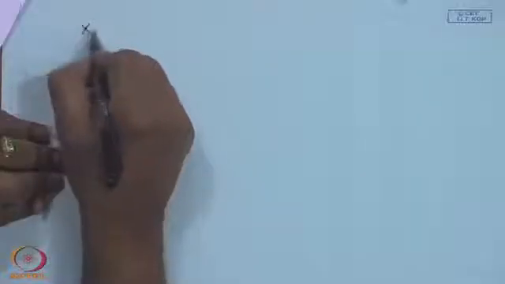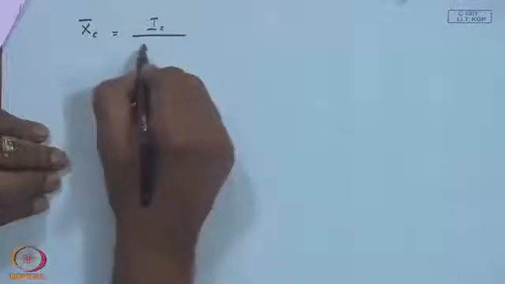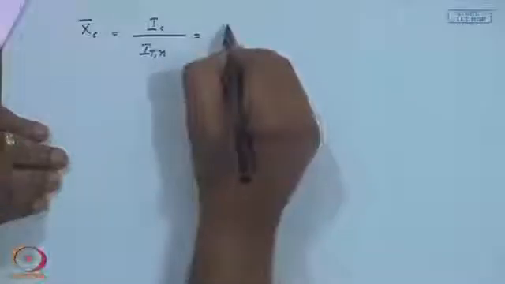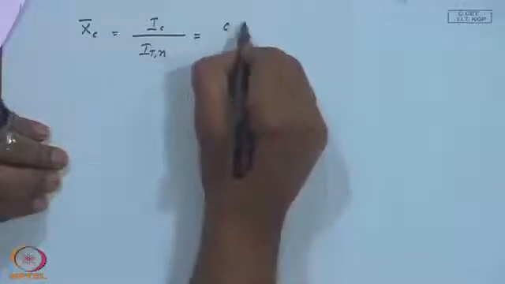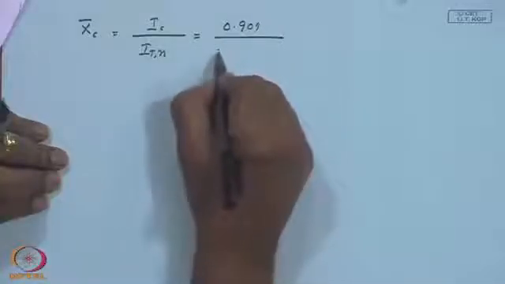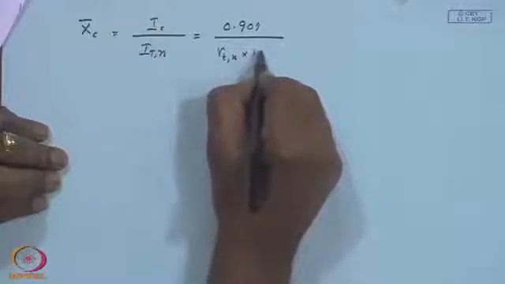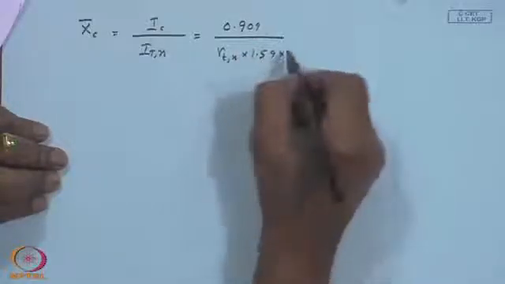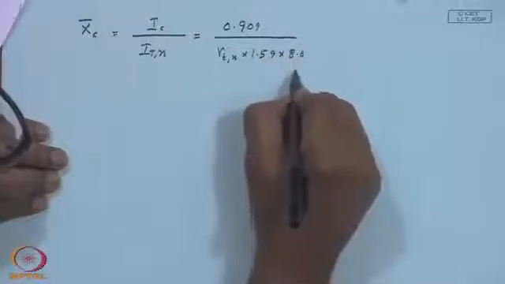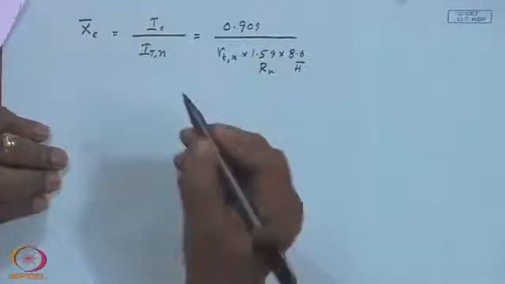So, non-dimensional critical level X C bar will be I C by I T noon time, that is equal to, now we got 0.909, which is R T n into R n into H bar. This is H bar, R n and R T n.